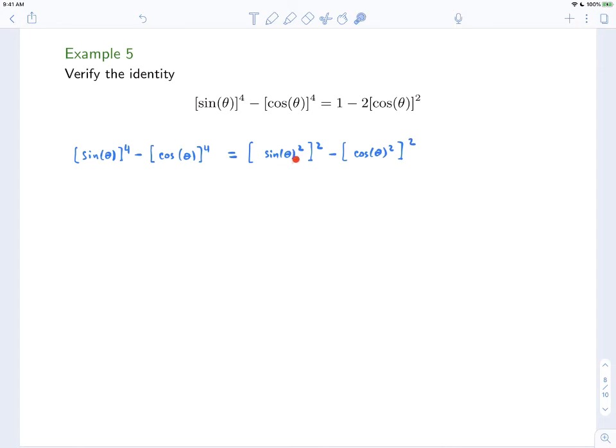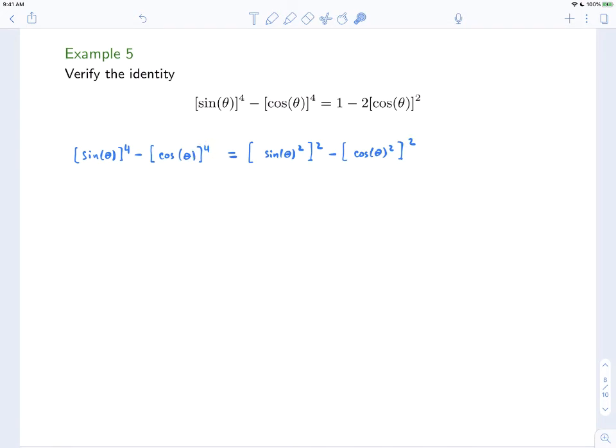So here I have a sine squared quantity squared. If you raise an exponential to an exponent, you multiply the exponents together. So you'll have sine to the fourth. Here it's cosine squared raised to the 2 power. So again, I have an exponential that I'm raising to an exponent, so multiply the exponents together to get a 4. So it's cosine squared quantity squared. So that's the same as cosine to the 4.